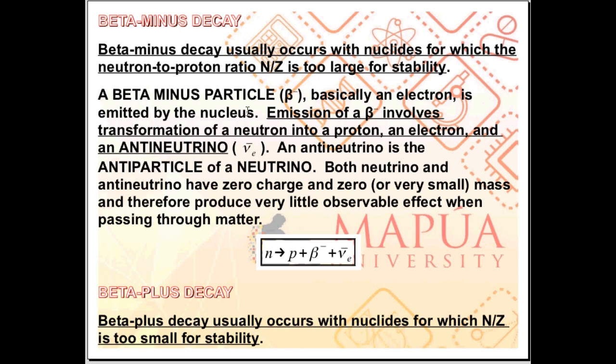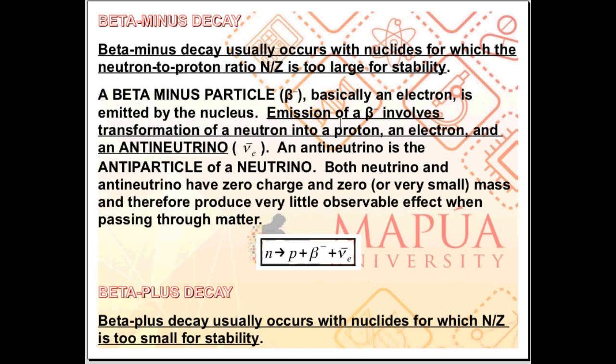A beta minus particle is basically an electron emitted by the nucleus.